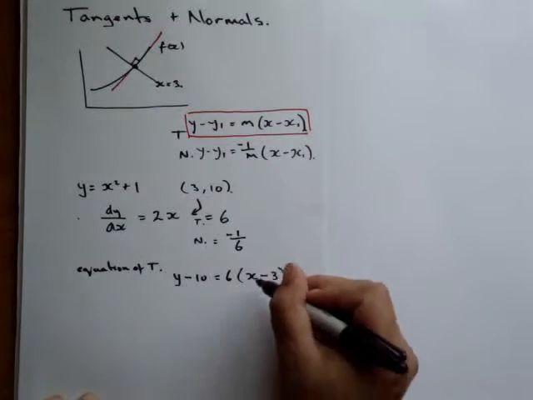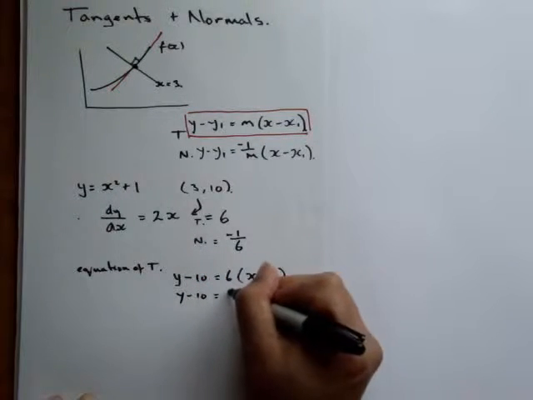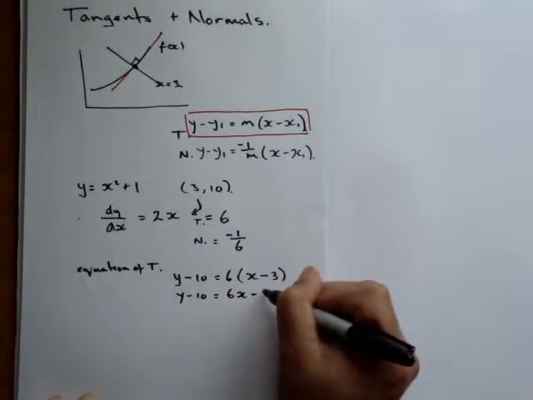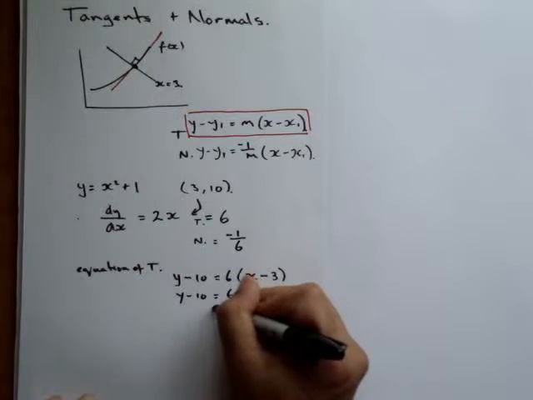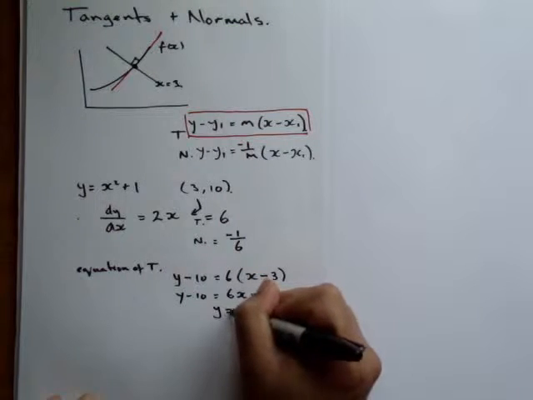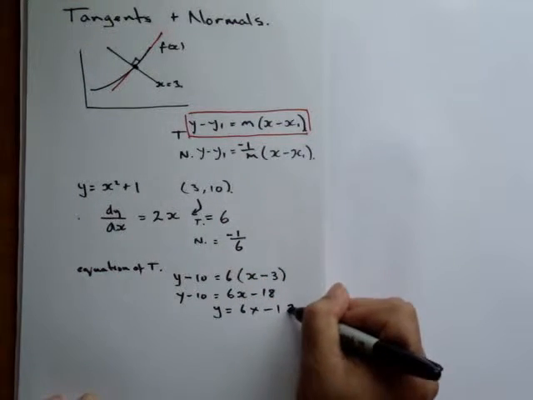So this then, when we get rid of the brackets, becomes y minus 10 equals 6x minus 18. And on rearranging, our equation becomes y equals 6x minus 18.